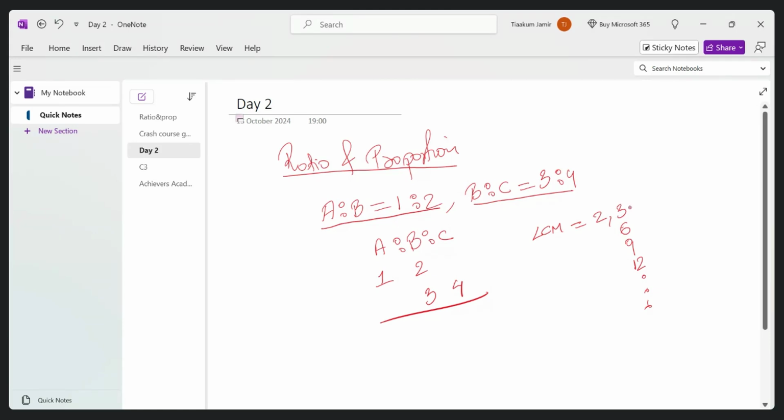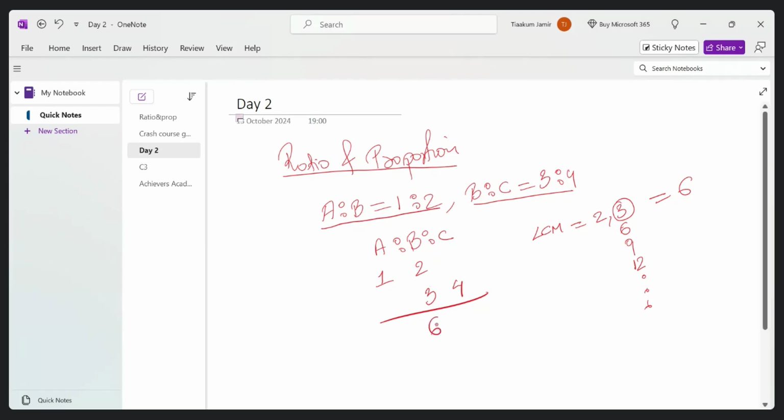Let's check 3. Is it divisible by 2? No. 6, is 6 divisible by 2? Yes, 2 3 times. So LCM is 6. In place of 2 or 3, we need 6 by any means.